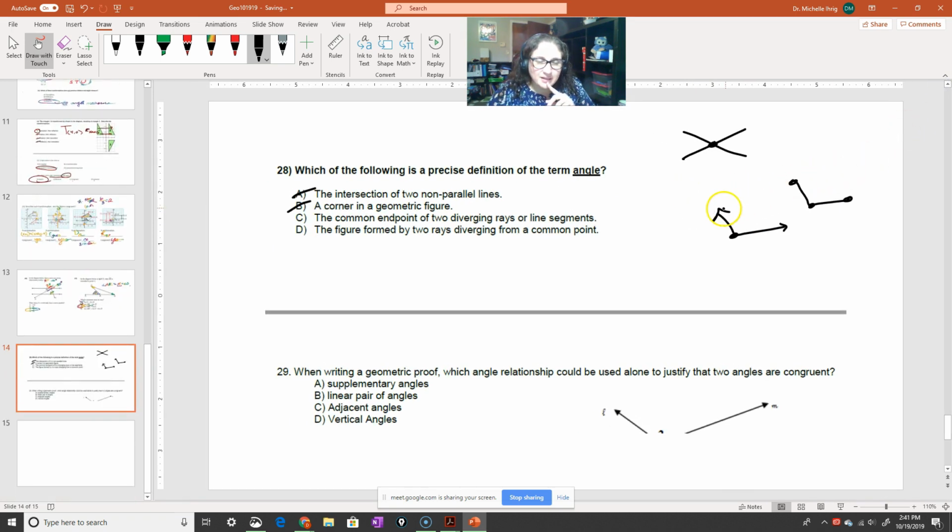That's pretty precise. I like it. The figure formed by two rays diverging from a common endpoint? Honestly, I don't know what they wanted you to put for this one. Let me see. For number 28, they wanted you to pick D. So the figure formed by two rays diverging from a common endpoint is choice D.